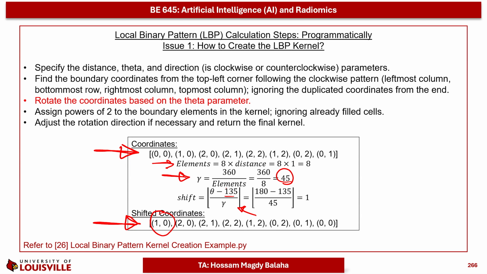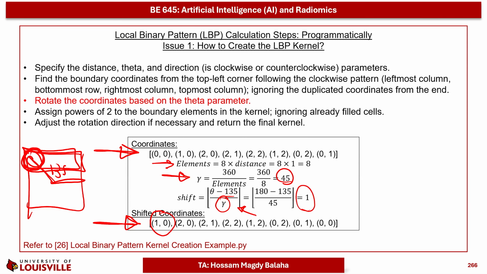135 is put here because, if you notice, we started from the top row, from that cell, and that angle here is 135. So this will be our reference. And gamma here is the difference angle between the different cells. And theta is required. So 180 minus 135 divided by 45, floor this value, will be 1. So start at index 1 from the coordinates.